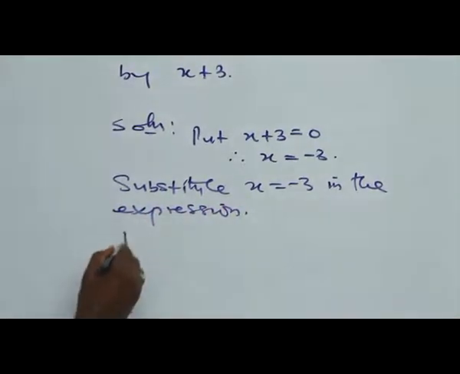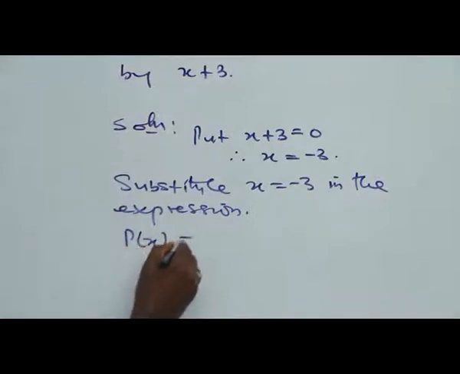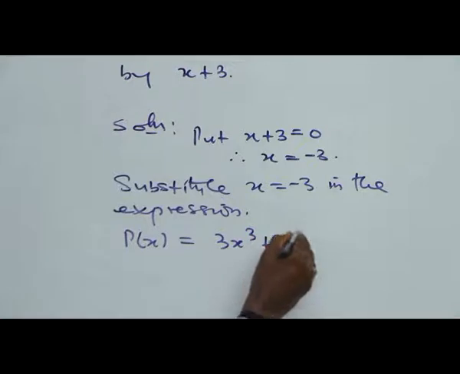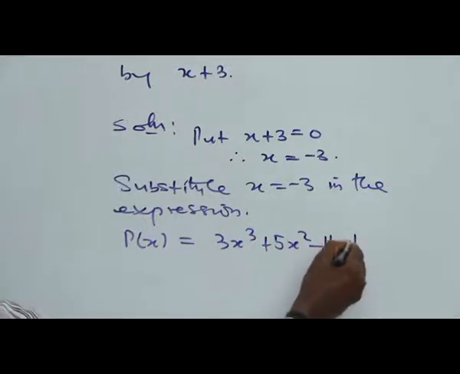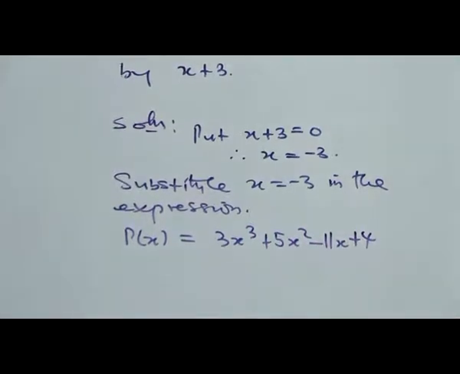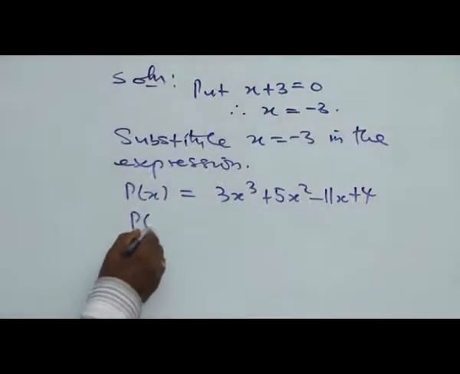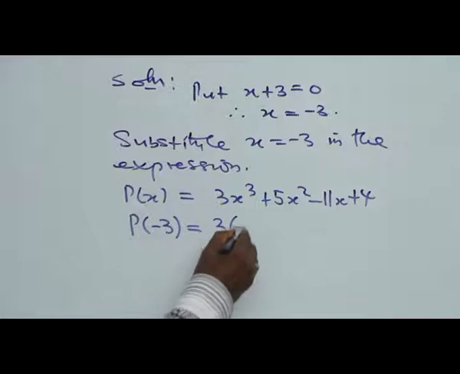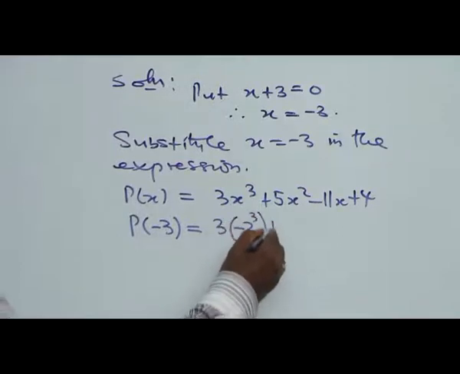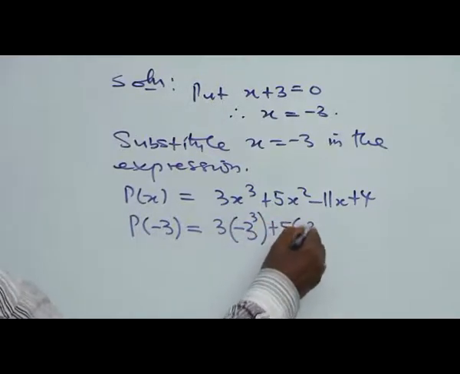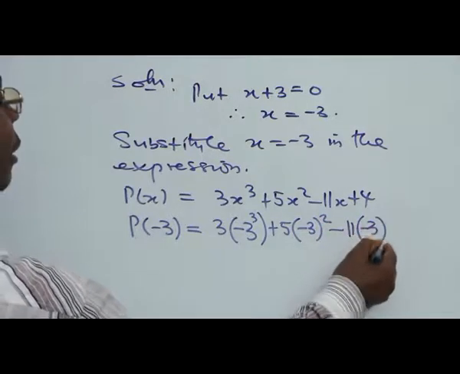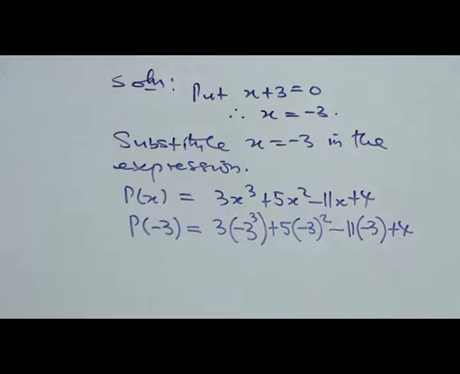In other words, if we have p of s equal to 3s cubed plus 5s squared minus 11s plus 4, then we put s as minus 3, and this becomes 3 into minus 3 cubed plus 5 into minus 3 squared, and then minus 11 into minus 3, and then plus 4. You will now simplify this.